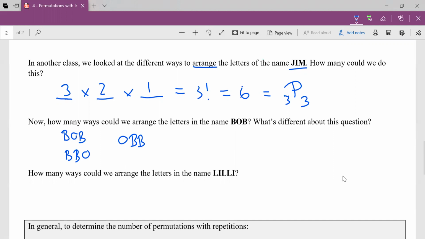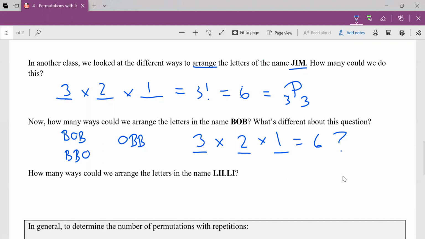But how am I going to do this? The fundamental counting principle tells me there are 3 letters, which gives 6, and I just figured out the answer has to be 3. So what are we going to do? I know the answer should be 3.